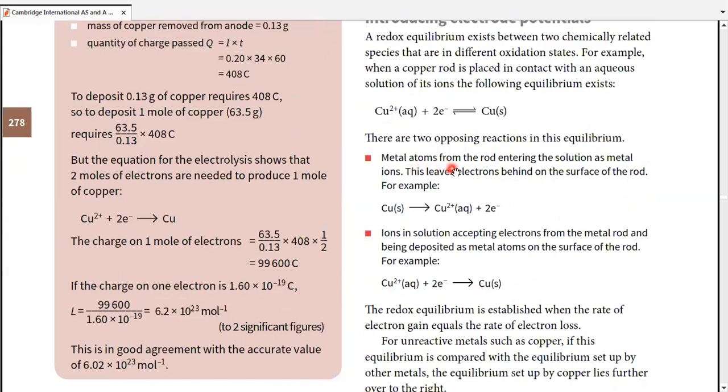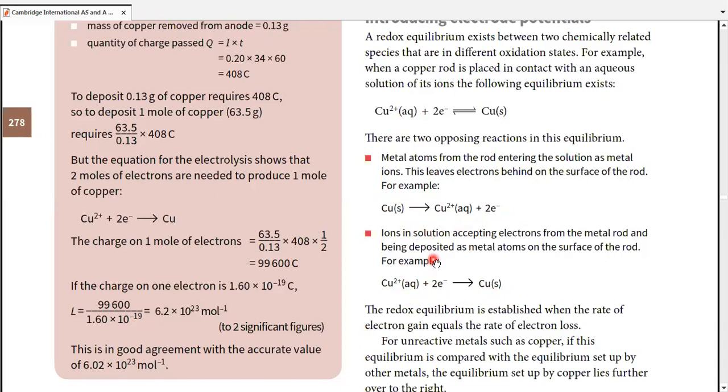The forward reaction is the one in which the ions in the solution are getting electrons and are being converted into atoms. The reverse reaction is when metal atoms are converted into ions by giving out electrons. The reaction on top over here is oxidation, loss of electrons. And the reaction over here is reduction, gain of electrons.